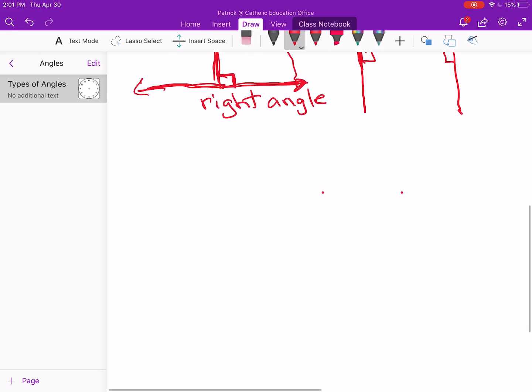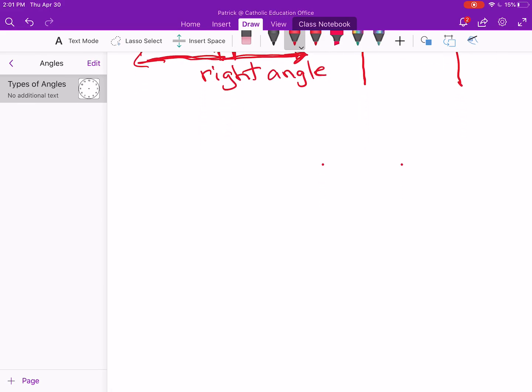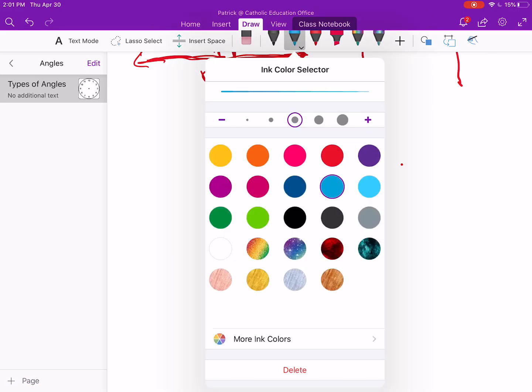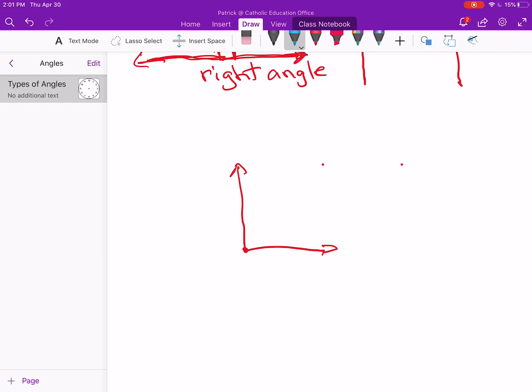Now, there's a few more. The reason I did that right angle is because there's some angles that you base off of that right angle. So this is 90 degrees. Anything that is less than 90 degrees, so if I have this, it starts here, this arm, but it only rotates to here.